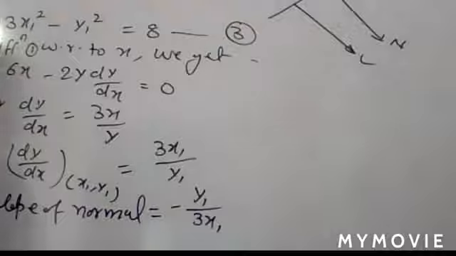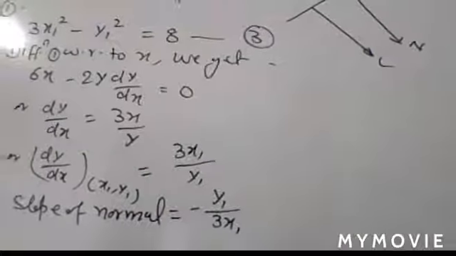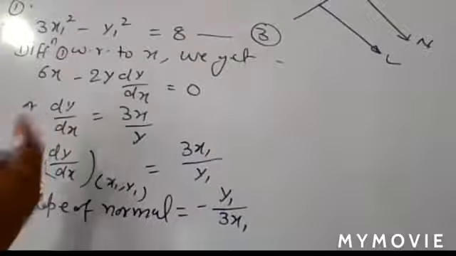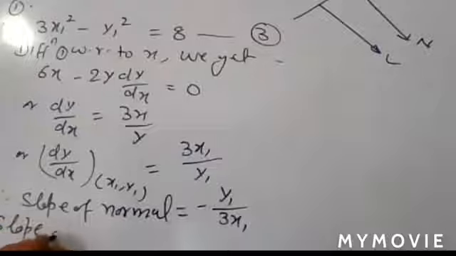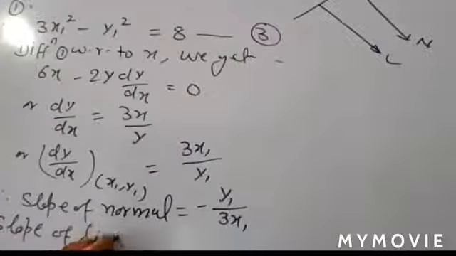And the equation of line is already given in equation 2. So what do you do in that case? You only have to find its slope. So the slope of line 2: how do you find it?